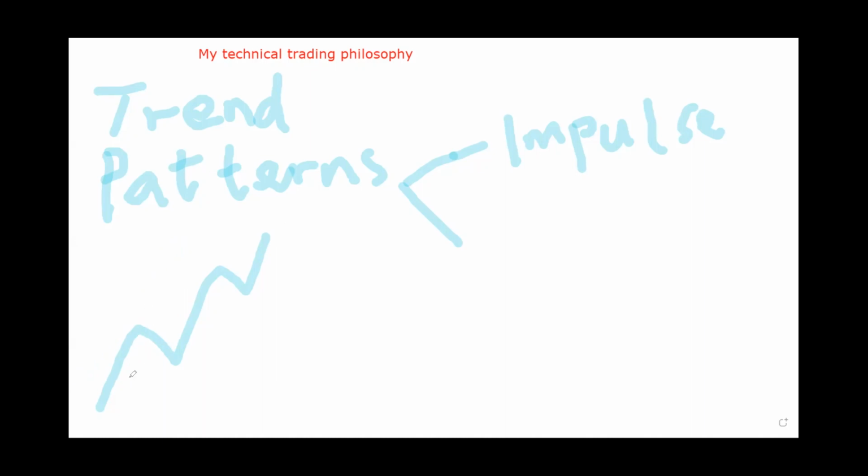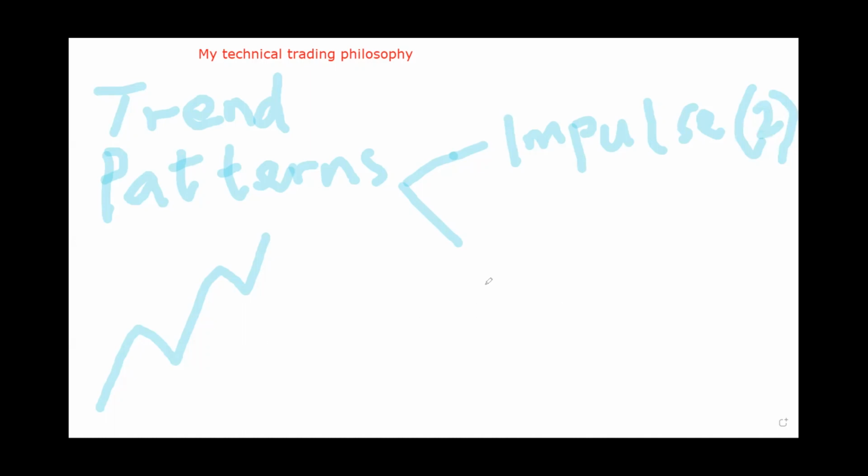They are really, really quick. They are much quicker than the corrections. So I have what I call impulse patterns or impulsive patterns. So these are patterns that I can find here, here, or here. There are 2 impulse patterns like that I trade.